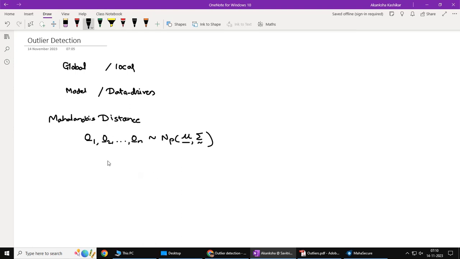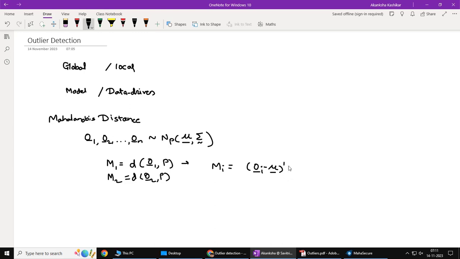Okay, so we can compute first Mahalanobis distance M1 as distance of O1 from the entire population, M2 as distance of O2 from the entire population. So how do we compute Mi? Mi will be (Oi minus mu)', sigma inverse, (Oi minus mu).